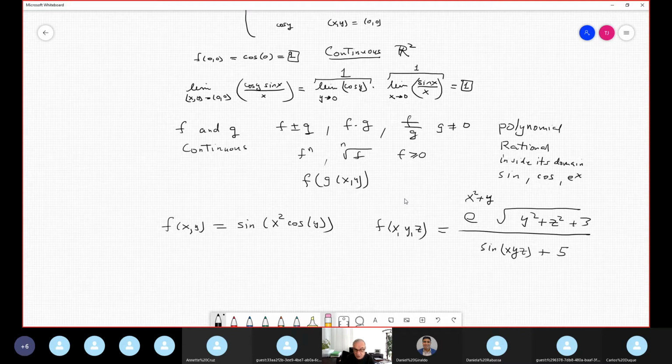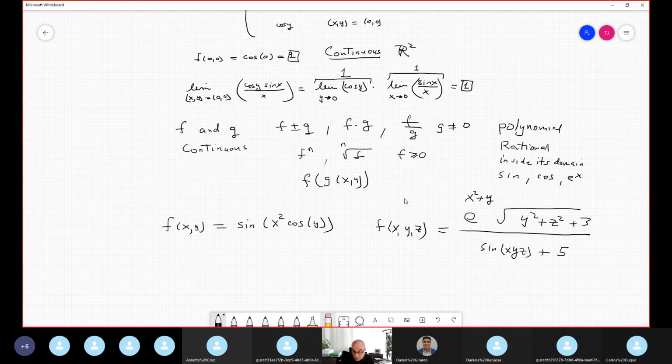So this function that I provide now is a combination of polynomial, rational, trigonometric, sine, cosine, exponential. It's obvious that it is a combination of continuous functions, and the answer is both are continuous. So you don't need to prove that. Only see, in 1 second you determine.